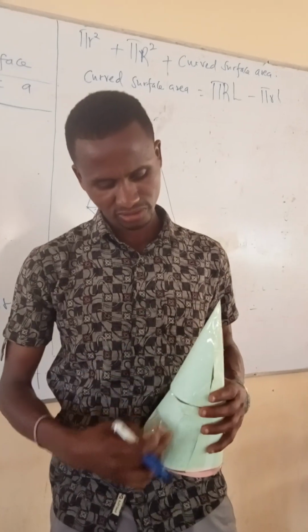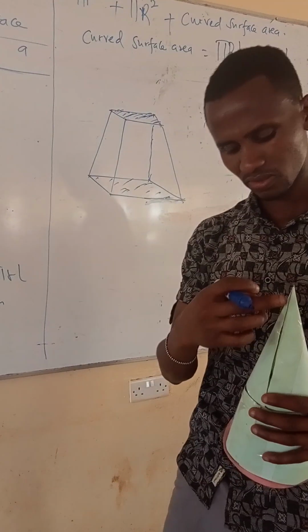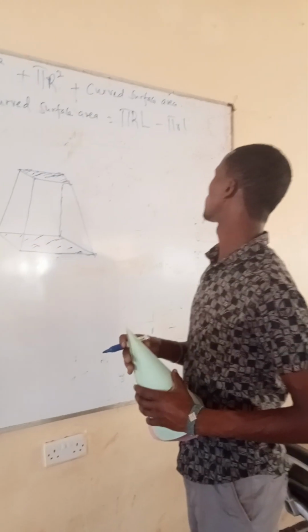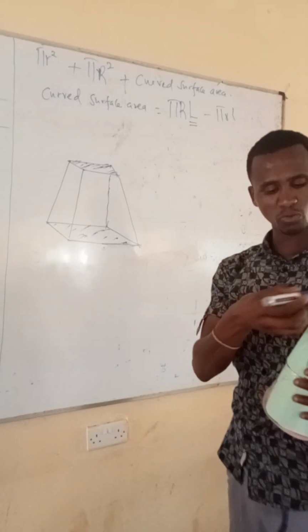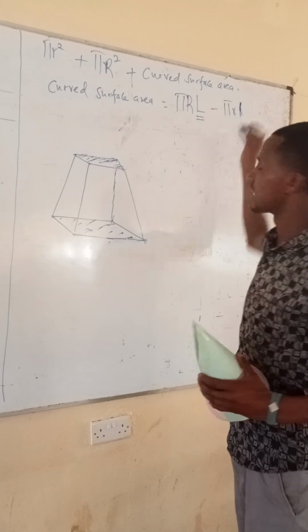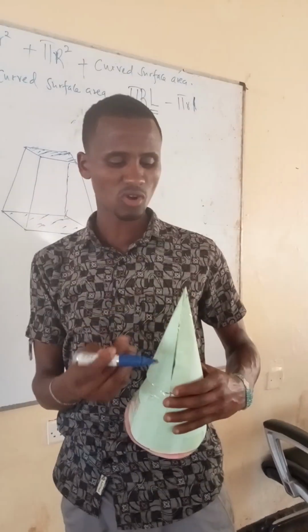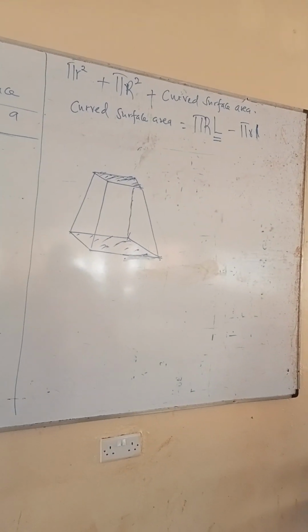That is what we denote with L, the length of the slanting edges. But because they are different, I'm using a capital letter L to represent the original cone, and a small letter l to represent the slant edge of the smaller, removed cone. So that is how we do it.